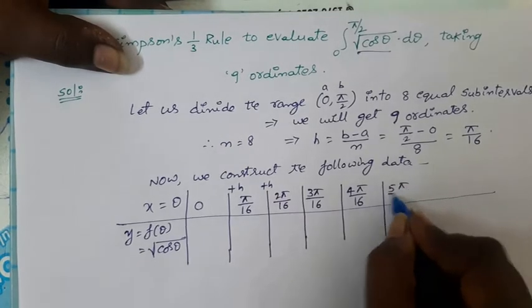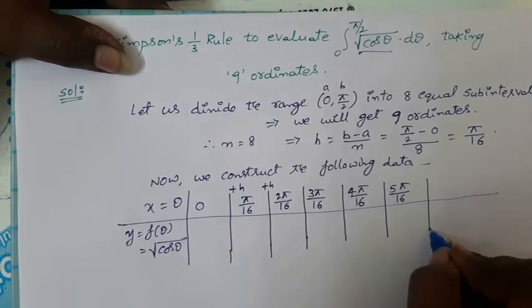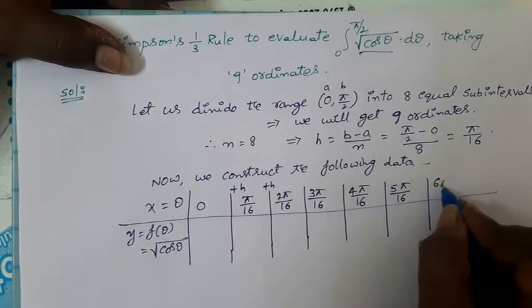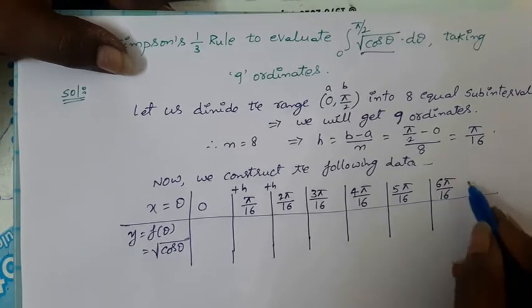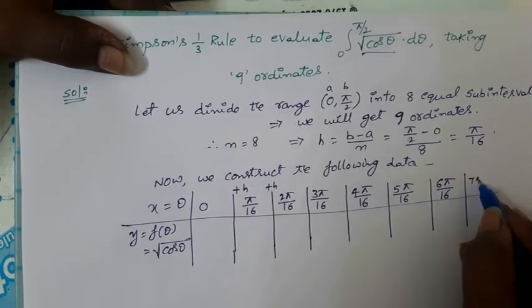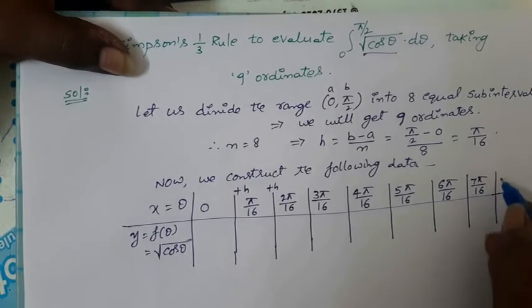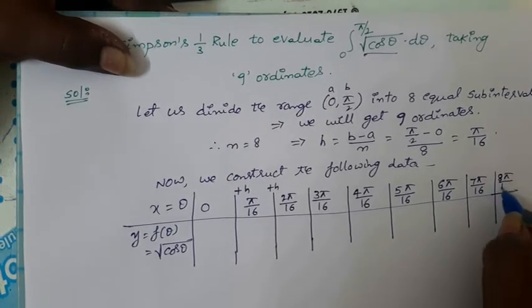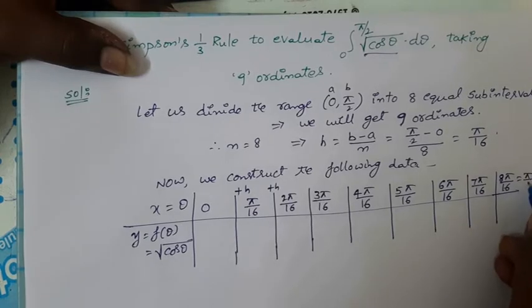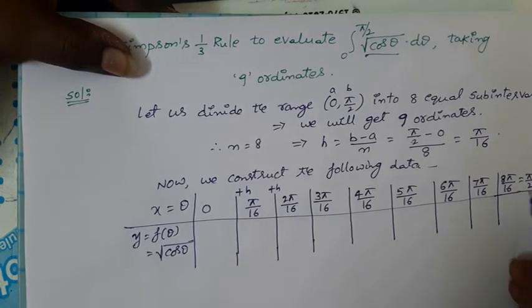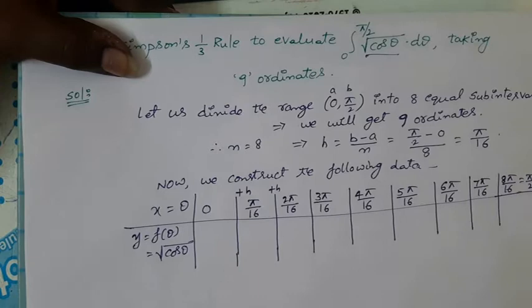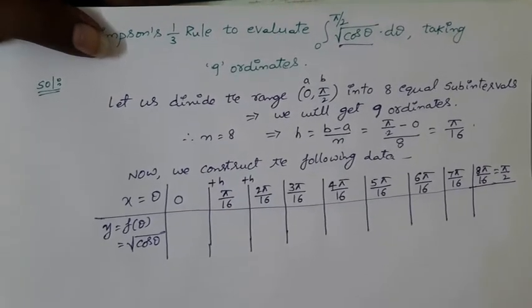Now 5 pi by 16. Add one more pi by 16, you will get 6 pi by 16, and 7 pi by 16. And finally it is 8 pi by 16, which is pi by 2, since 8 goes into 16 two times.